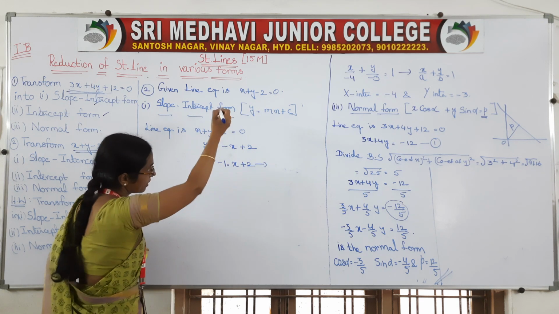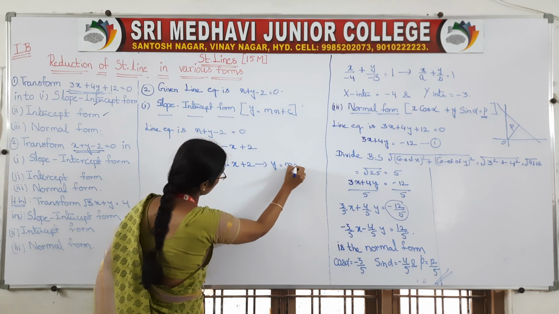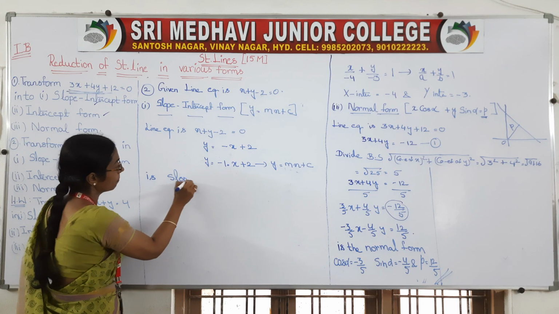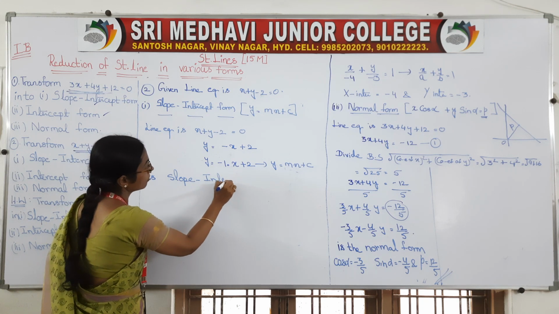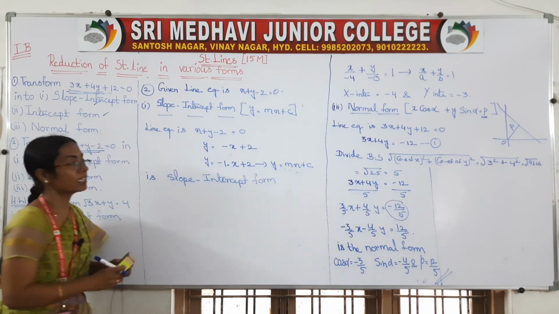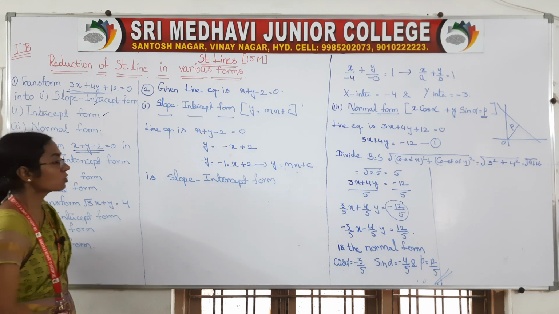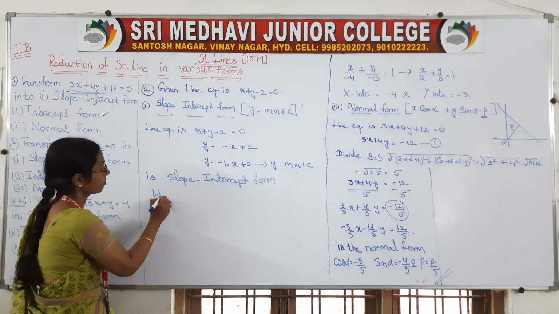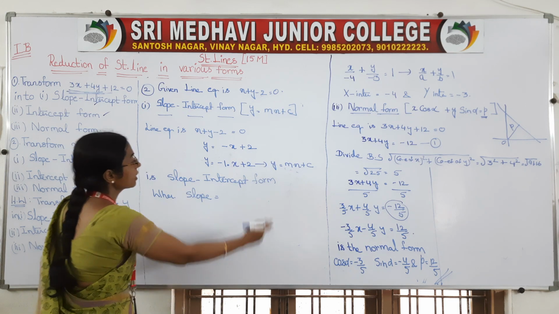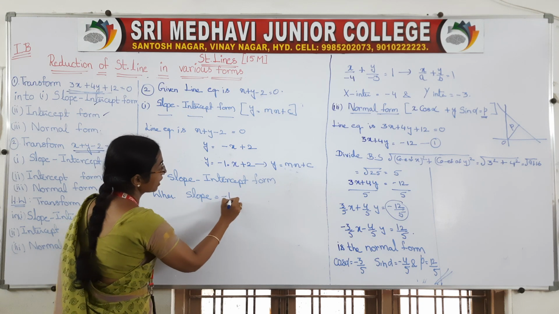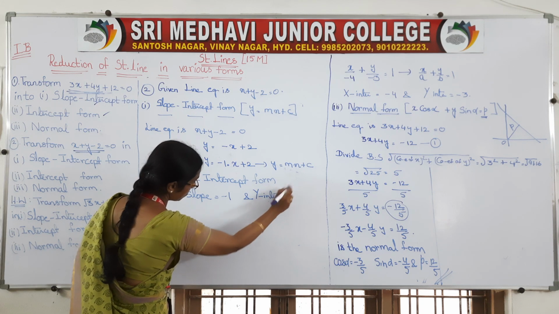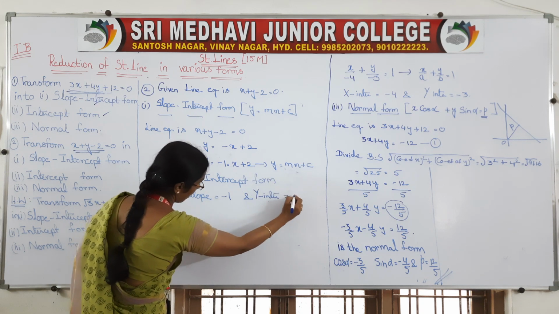Now it is exactly in the form y is equal to mx plus c, the slope intercept form. Isn't it, girls? So the slope is in the m place, we have minus 1, and the y-intercept, which is c, is 2.